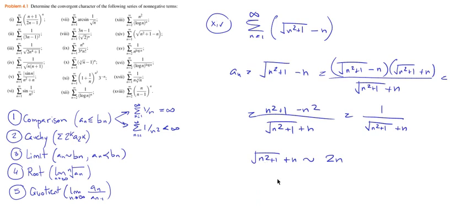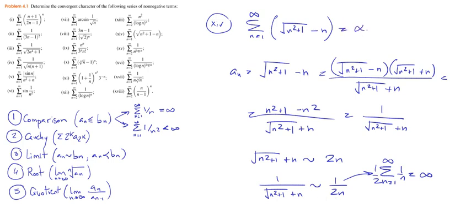So this series with this general term is asymptotically equivalent to this, but this is 1/2 of the harmonic series, right? Again, this is divergent, so the general terms of the two series are asymptotically equivalent, which means that the two series are divergent at the same time. Okay?